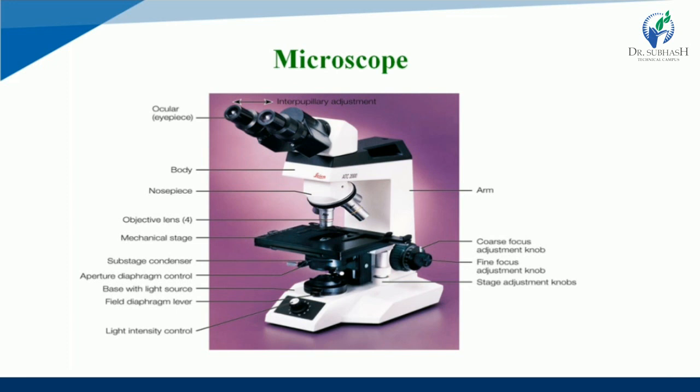So, three types of objective are present. Low power objective has a magnification of about 10x. Second one is high power objective that has a magnification of about 40x. And last one is oil immersion objective that has a magnification of about 100x. And eyepiece or ocular lens we already discussed.